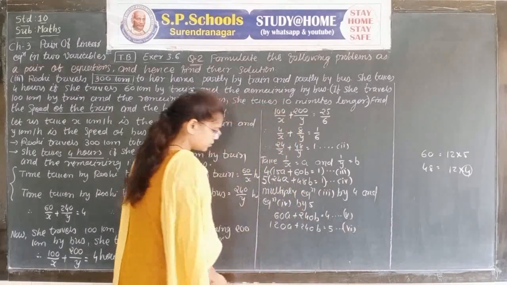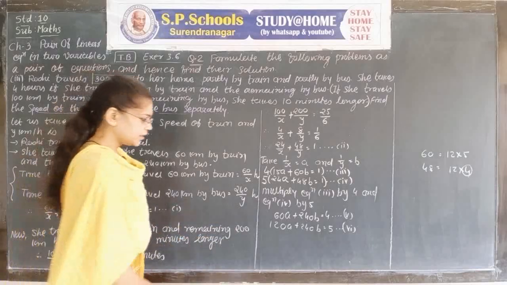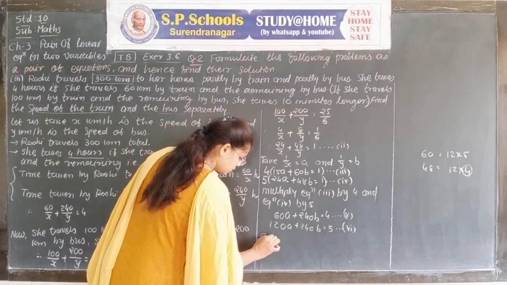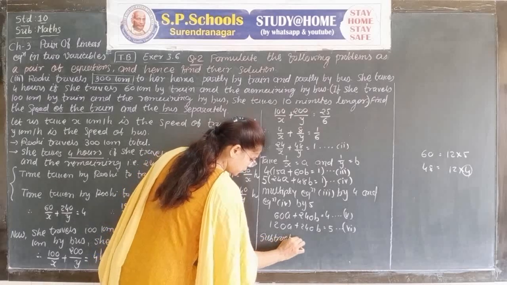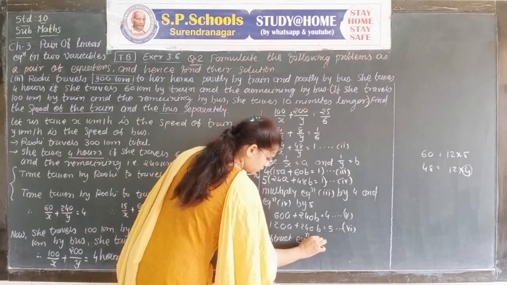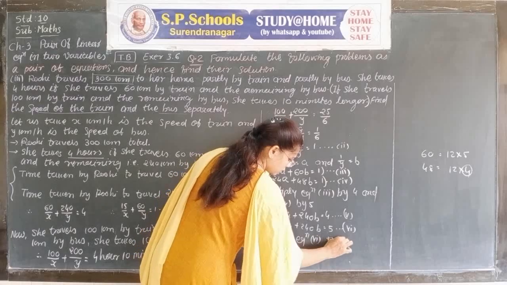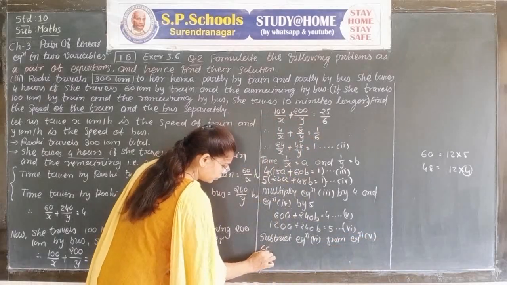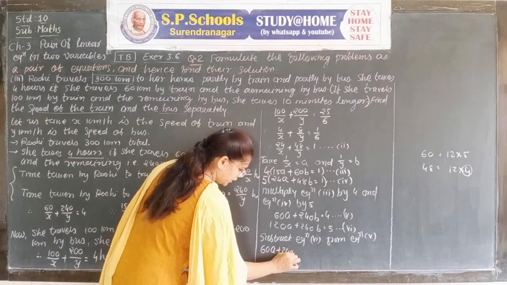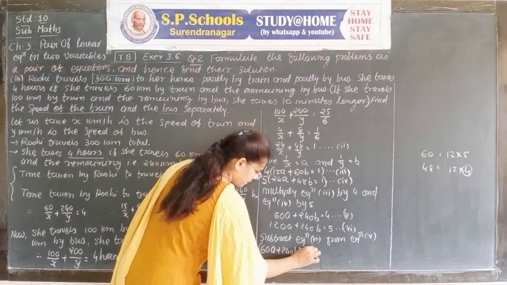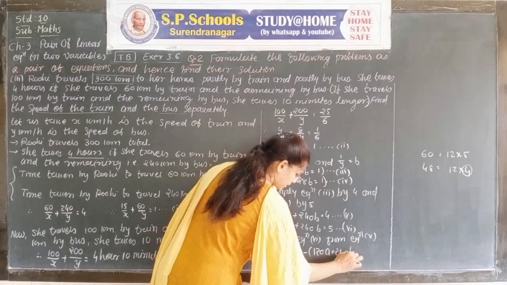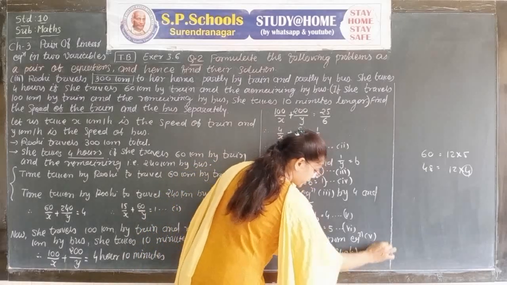Sixth equation. See, the coefficients of b are numerically equal. We subtract both equations. Subtract equation 6th from equation 5: subtraction of the left hand side and subtraction of the right hand side.